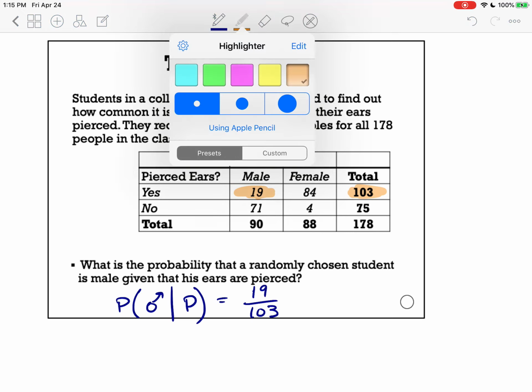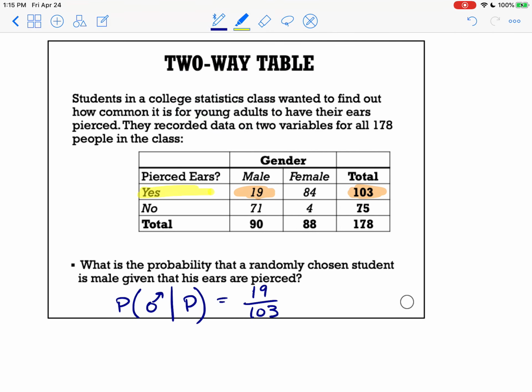For this problem, we can only draw from this column because it's given that the ears are pierced. So my sample size, or my population size, has decreased because now the population is given to be 103.